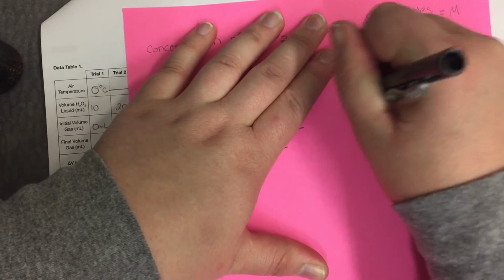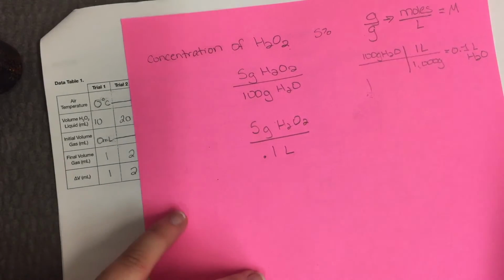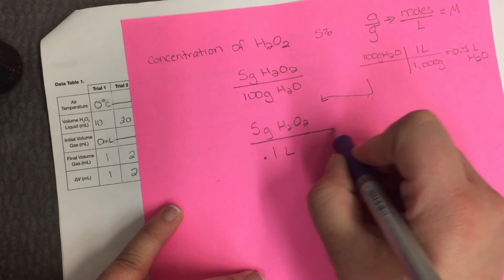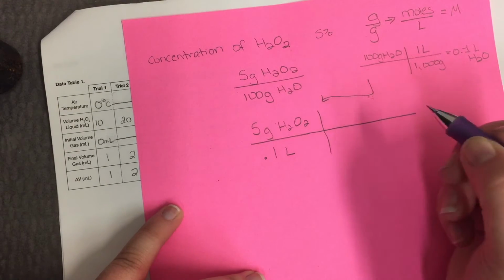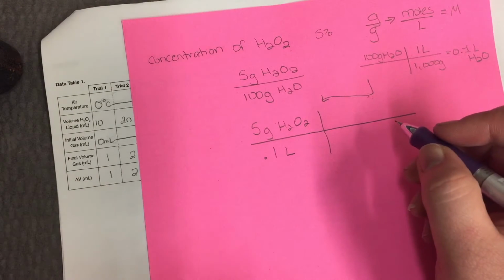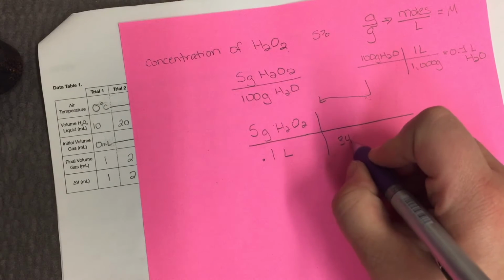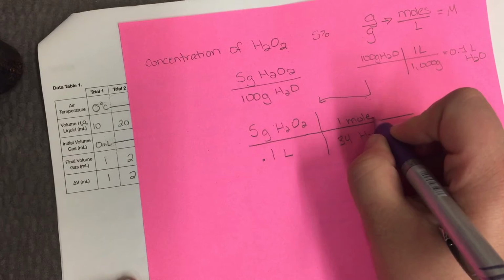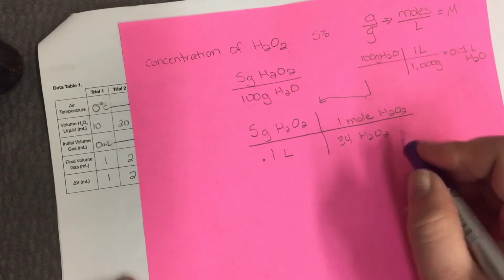So then what we're going to need to do is, in H2O2, there's going to be 34 grams of H2O2 in 1 mole, and this just comes from the molar mass.